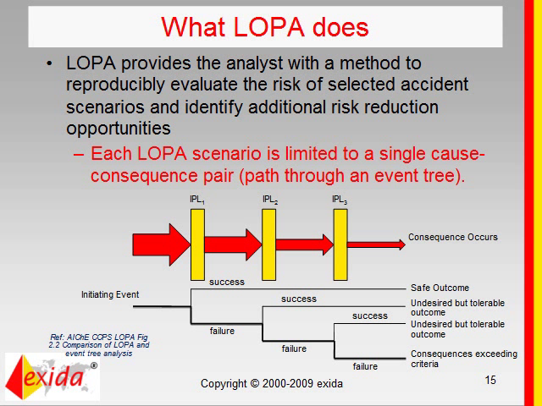Each LOPA scenario is limited to a single cause-consequence pair. For those of you who listened in to the PHA webinar that I did last week, that was the key definition of a hazard, the combination of a single cause-consequence.